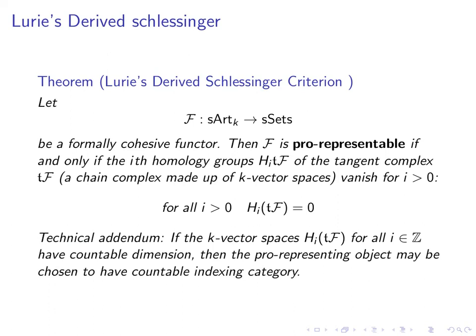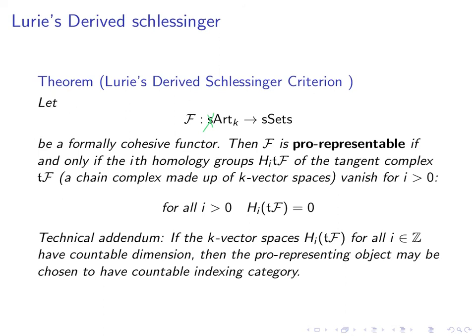So now we come to Lurie's derived Schlessinger's theorem. And here's what it says. Suppose we have a formally cohesive functor on Artin simplicial rings. This notation here, throughout the talk I have not been using this S here.